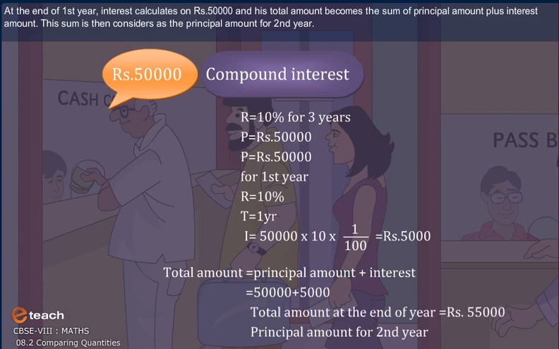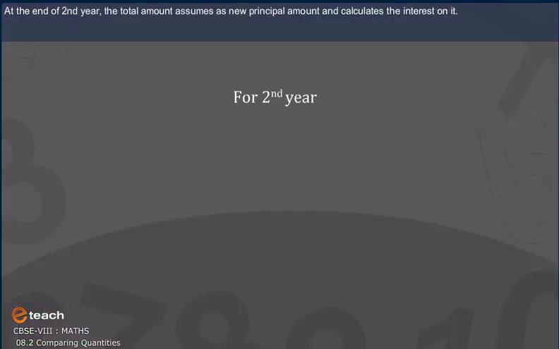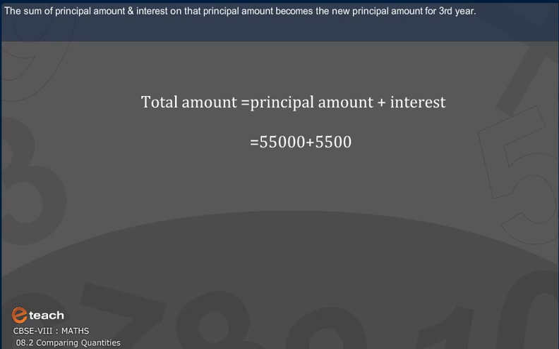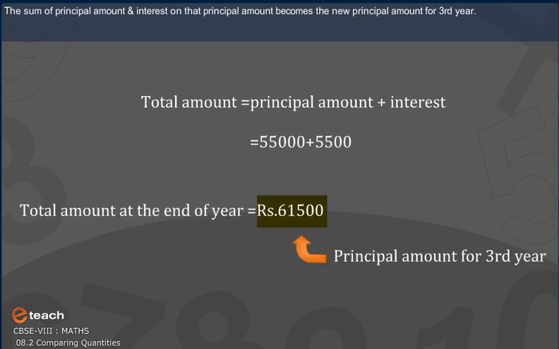This sum is then considered as the principal amount for second year. At the end of second year, the total amount is assumed as the new principal amount and interest is calculated on it. The sum of principal amount and interest on that principal amount becomes the new principal amount for third year.